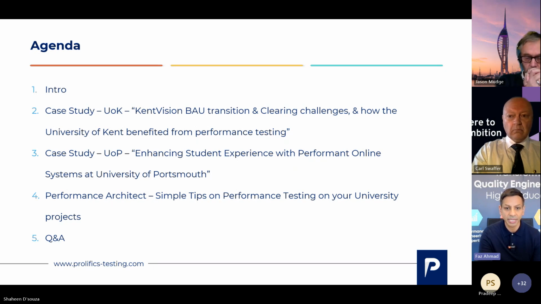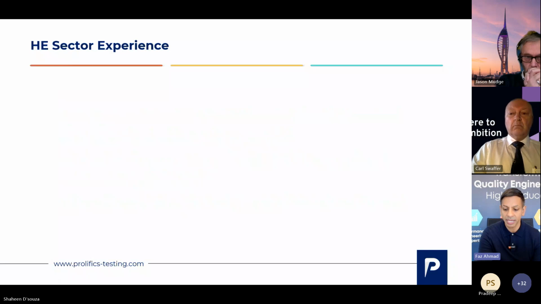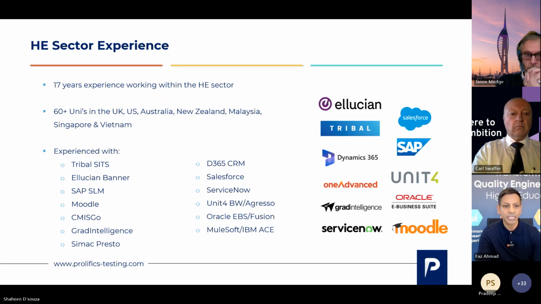So, we here at Prolifics Testing consider ourselves to be HE sector specialists. And by that, we mean we've been working within the HE sector for over 17 years now. And we've worked with 66 universities across the UK, the US, Australia, New Zealand, and Southeast Asia as well.